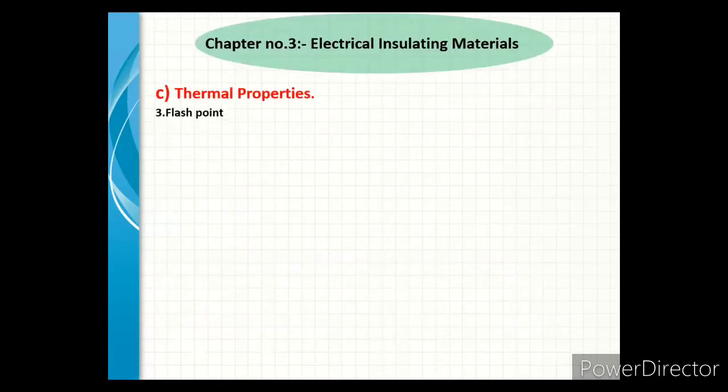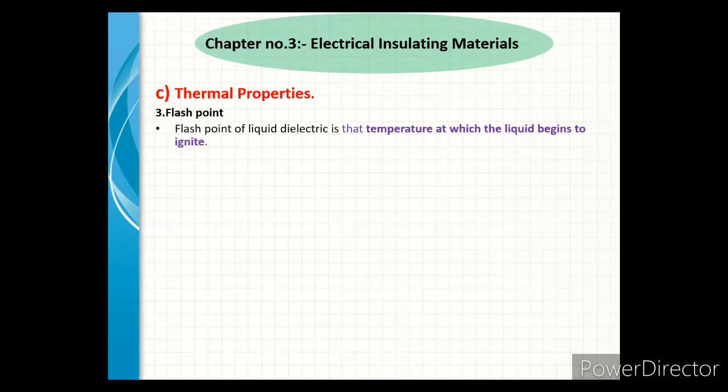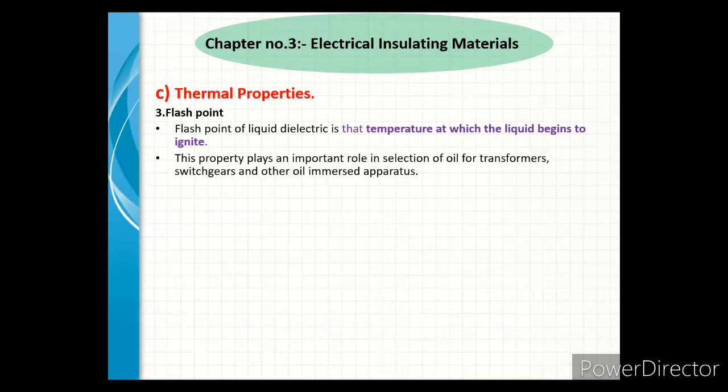Next, flash point. Flash point of liquid dielectric is the temperature at which the liquid begins to ignite. This property plays an important role in selection of oil for transformer, switchgear and other oil immersion apparatus.